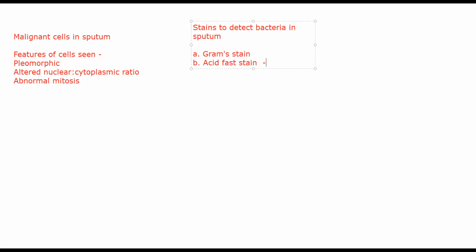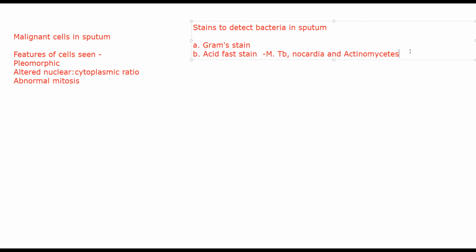So you can use it for MTB. You can also use it for Nocardia and actinomycetes. Actinomycetes species also respond to acid fast stain.